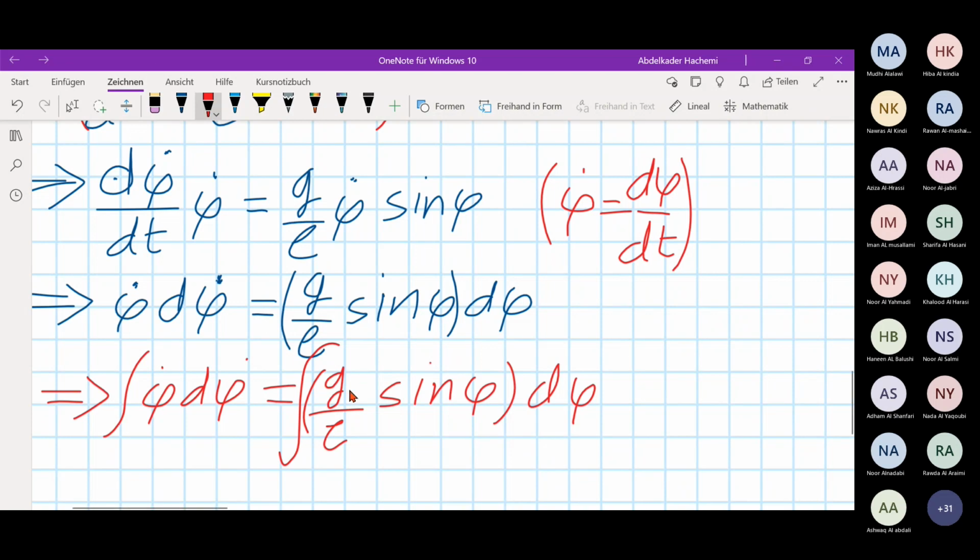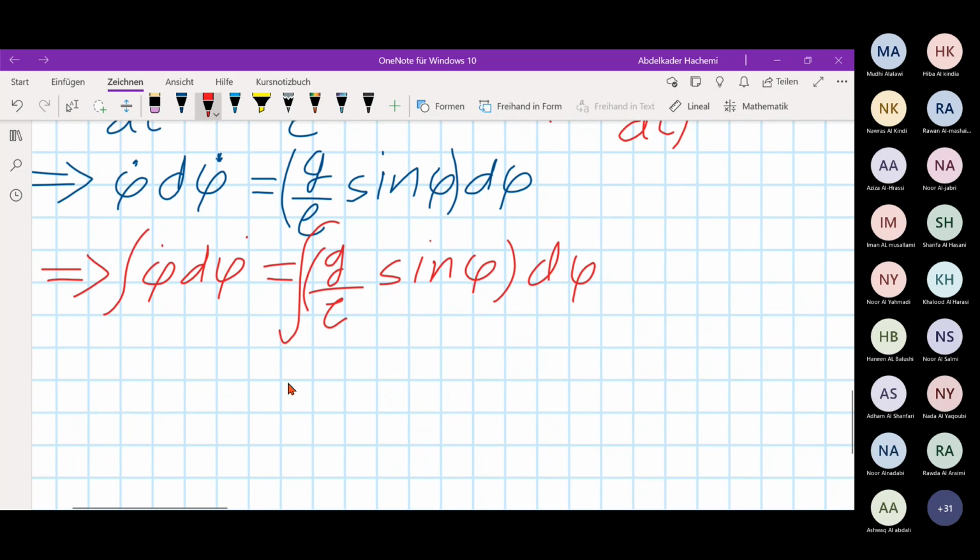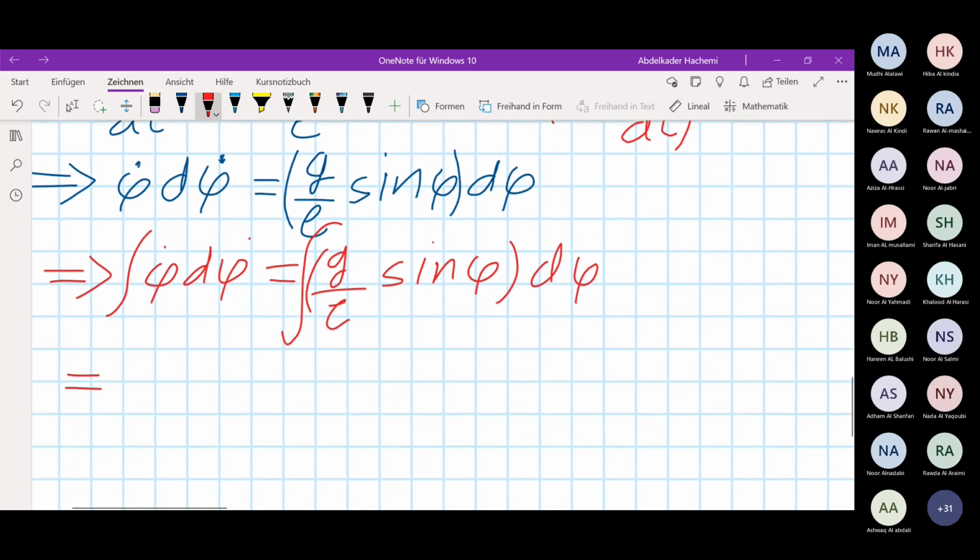Okay, then we integrate now. What we get is the following equation.